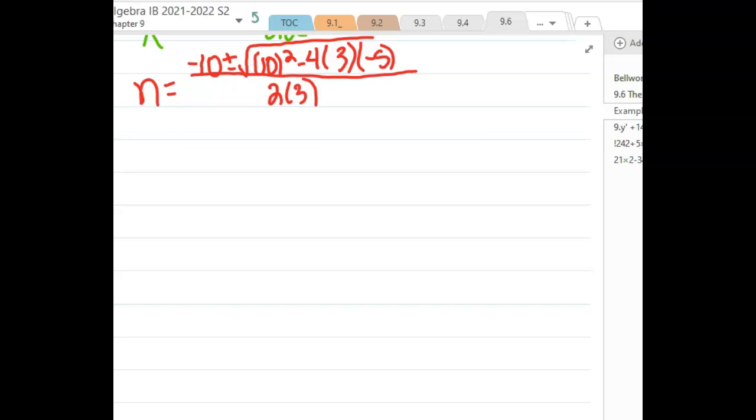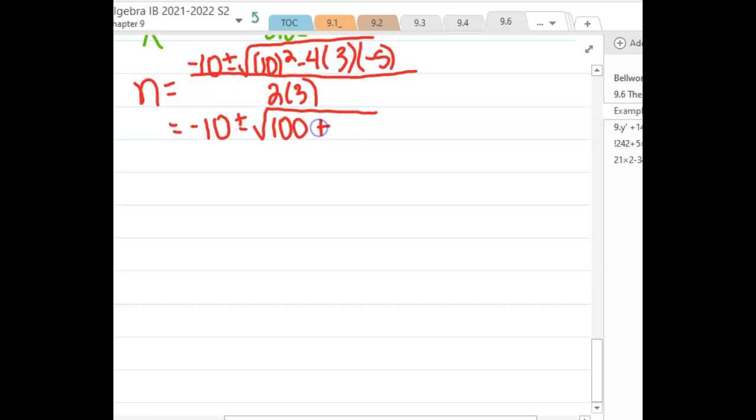Okay, we're going to go through our simplifying, so it's going to say negative 10 plus or minus the square root. 10 squared is 100. The sign after the 100, it's going to be a negative 4. It's always a negative 4. A negative 4, a positive 3, and a negative 5. A negative, a positive, and a negative would be what kind of answer?